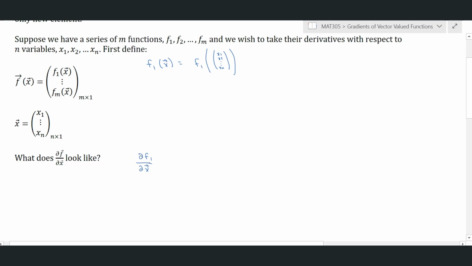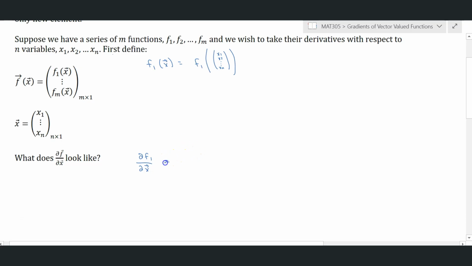What I'm trying to do here is break this down into the smallest level that I possibly can, meaning that we've got all these vectors floating around. We have a vector of functions and a vector of inputs. So I'm going to convert the vector of functions into individual functions, each of which has a myriad of inputs.